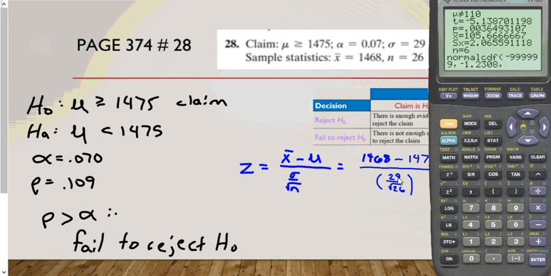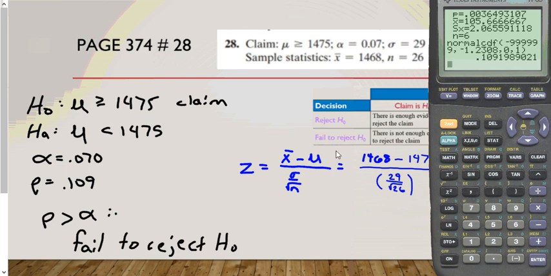And if that area is less than 0.07, then we'll reject. Okay, comma 0, comma 1. And we get 0.109. Now that's the same thing we found over here with our p-value, and then ultimately we end up failing to reject. Okay, so it's still the same thing.